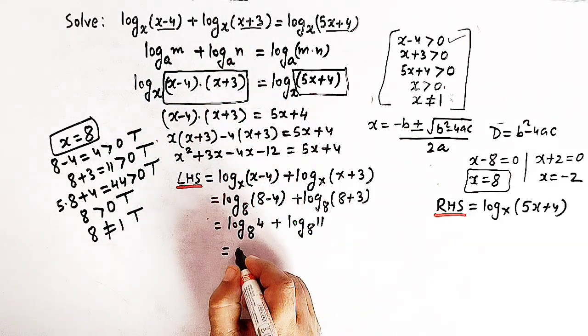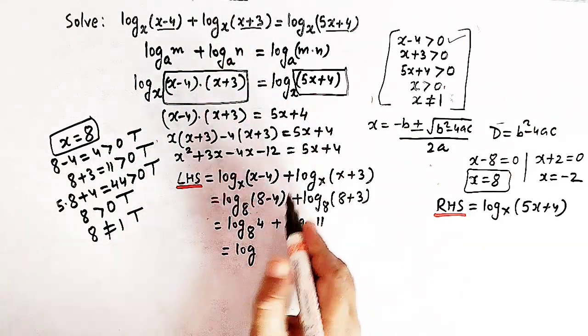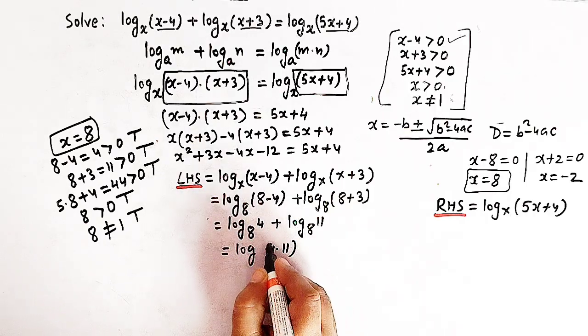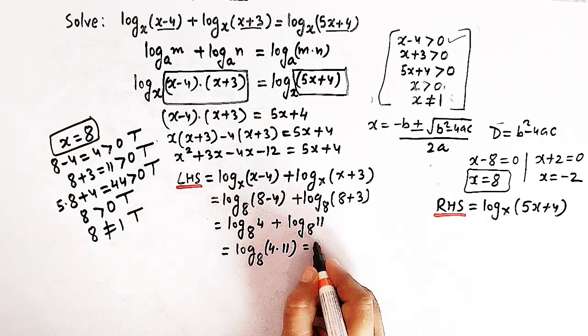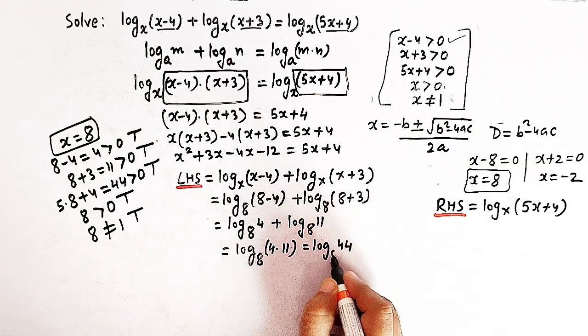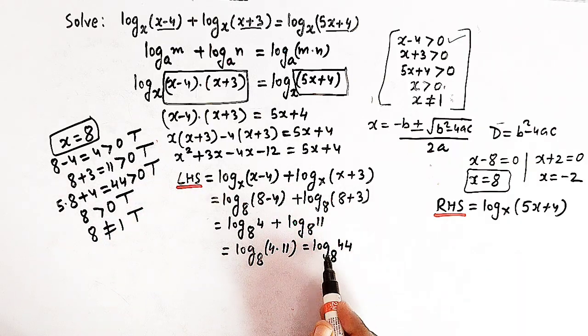So we can now write here logarithm of m times n, that is 4 times 11, and here we have the base 8. So we have logarithm of 44 to the base 8. So the left hand side is logarithm of 44 to the base 8.